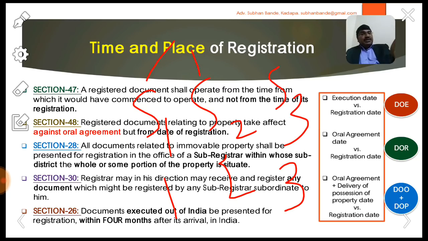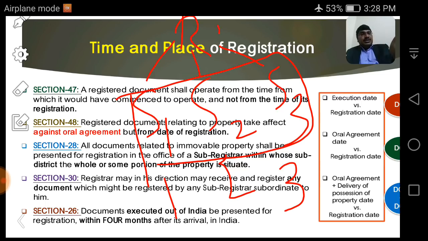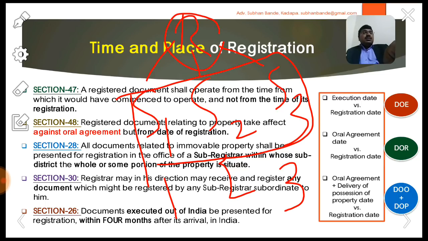The superior officer for these 3 subordinate sub-registrars is the registrar. The registrar is the superior officer for the 3 sub-registrars who are appointed by the state government for each sub-district in the district.